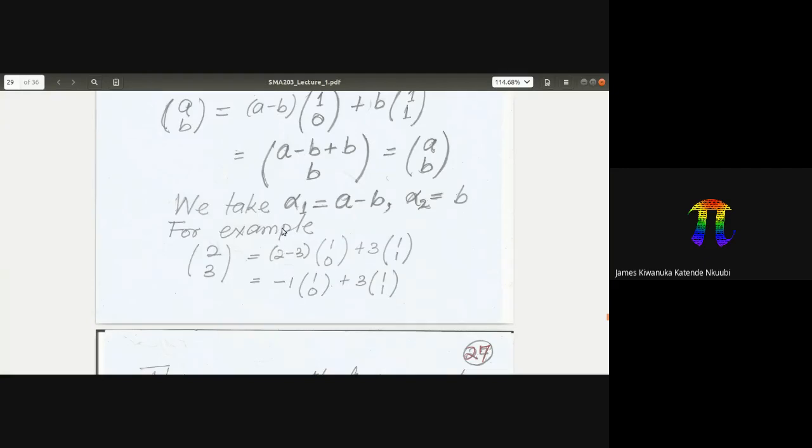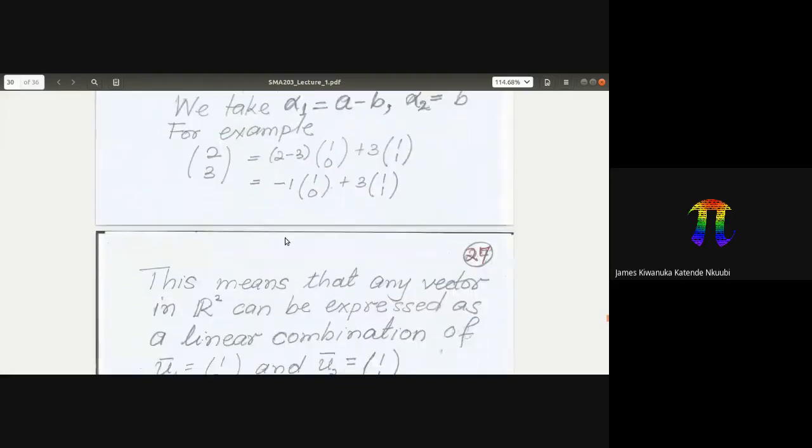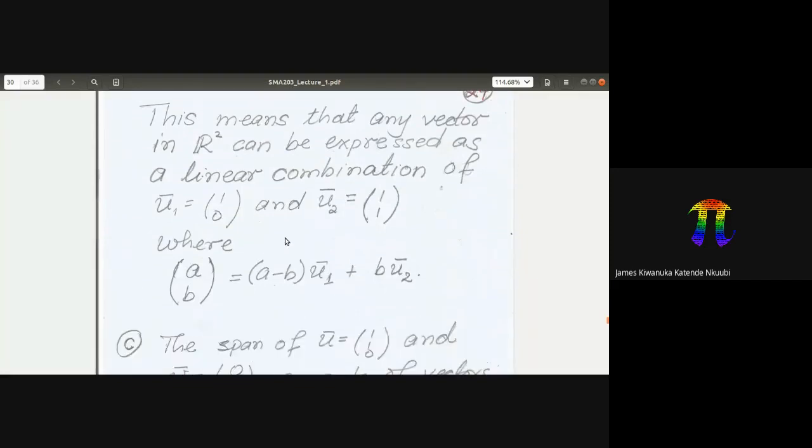And this is true for any other vector in R2. So again, the span of these two vectors is the whole of R2. And any vector (A, B) in R2 can be written as a linear combination of U1 and U2, and the coefficients would be A minus B and B. Okay.